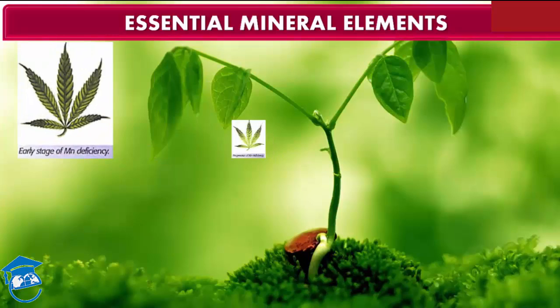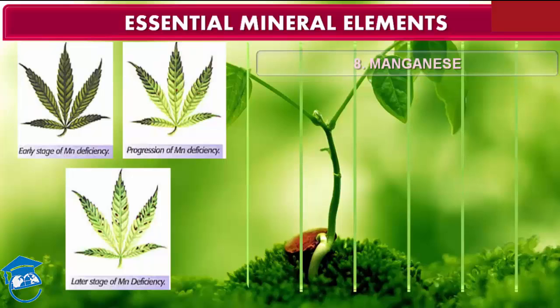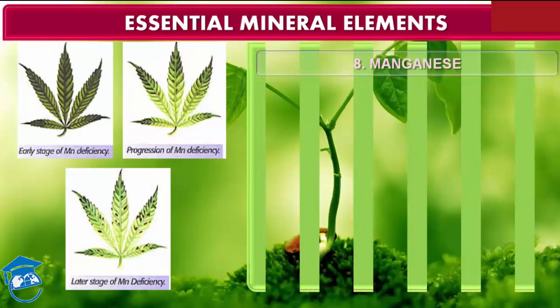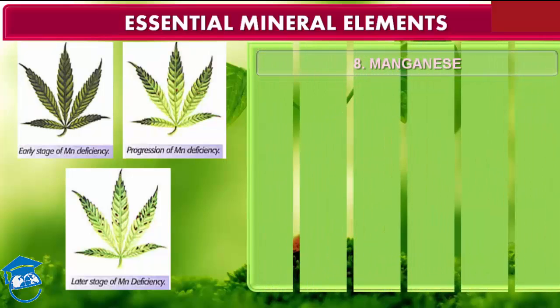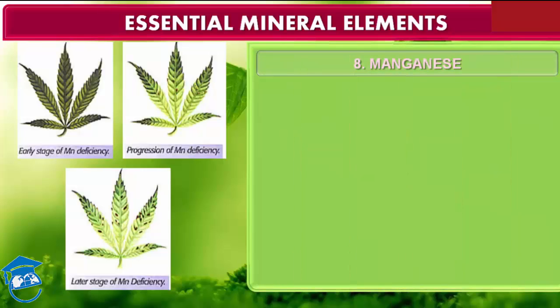Now come to manganese. As I told you, it is absorbed in the form of manganese ion, that is Mn2+ ion, and it activates many enzymes which are involved in photosynthesis, respiration and nitrogen metabolism.